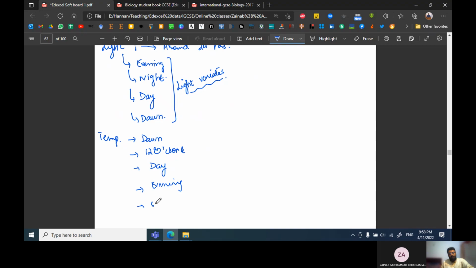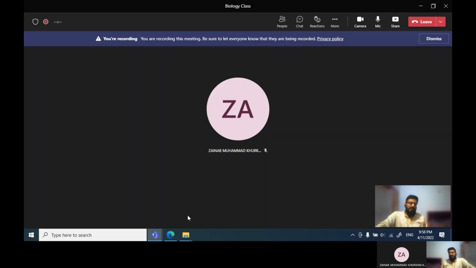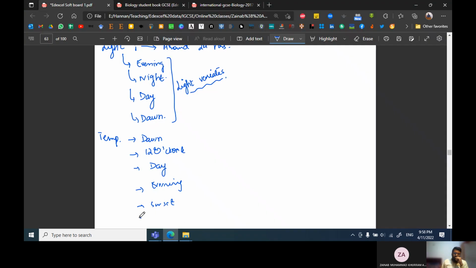It is different at the sunset. Let's not confuse ourselves with the sunset, because even at the sunset, photosynthesis is not occurring, and the temperature would obviously be very different at night. So these are also the times when the temperature varies, and along with these variations, the rate of photosynthesis also varies.